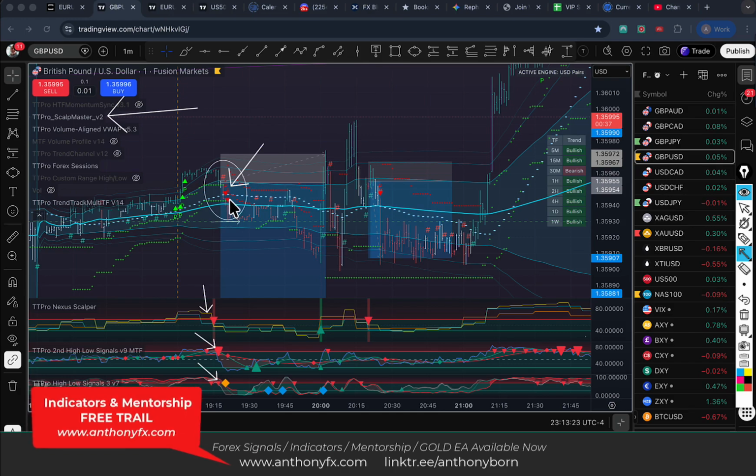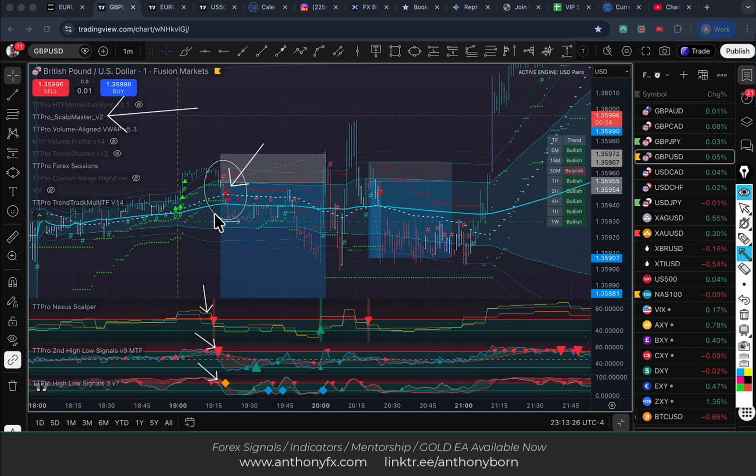I mean, it's a no-brainer. Take that trade. But you don't have the confluence in here, so that's not the best signal as it was.